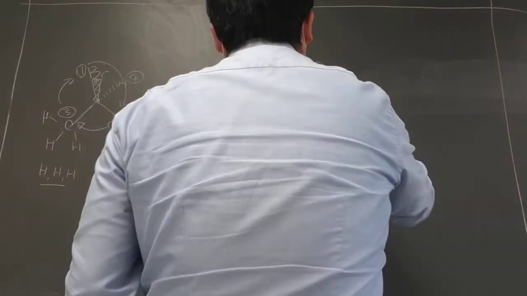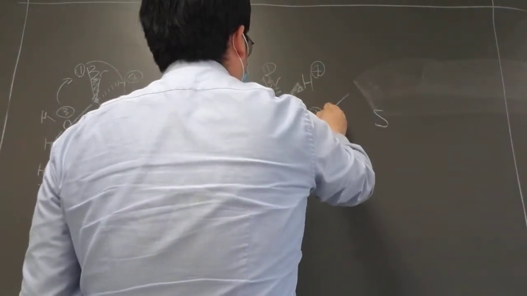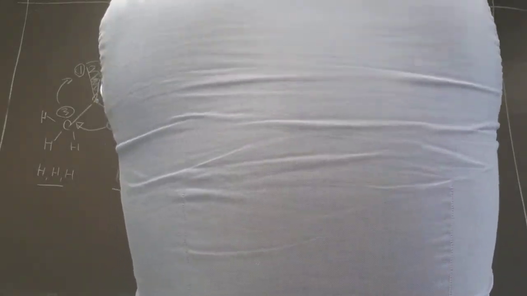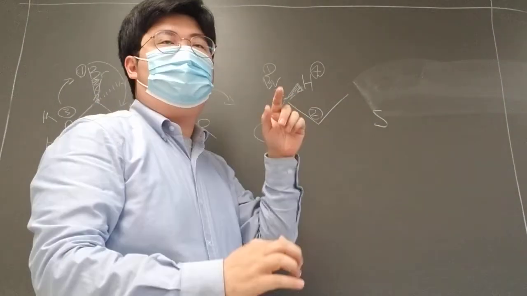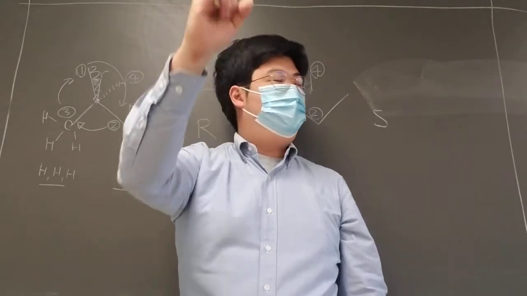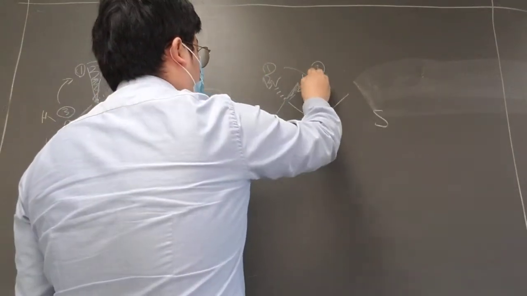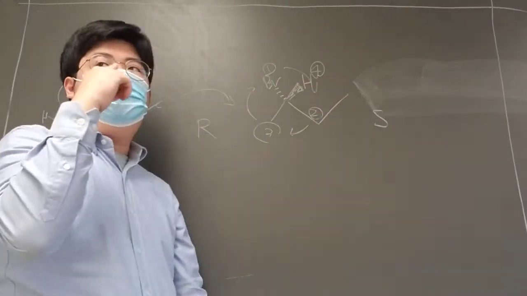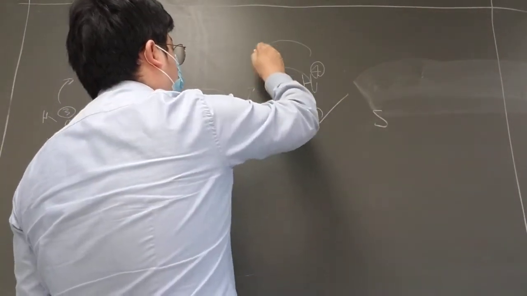It's still going this way when you look at it here, okay? But when this comes out, you have to look at it from here. So now it looks like it's still going clockwise, but you're looking at it from the other side, so it's actually going the other way.